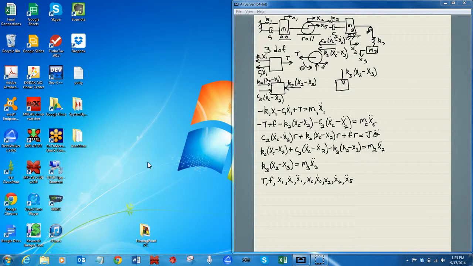Let's see, what else have I got? xc has been counted, xc dot I counted. In the next one I have theta double dot. x2, I think I've counted, xc counted. Okay, there's an x3.